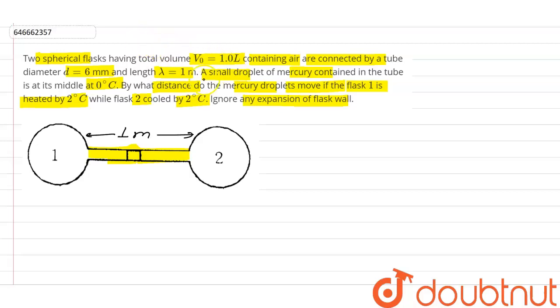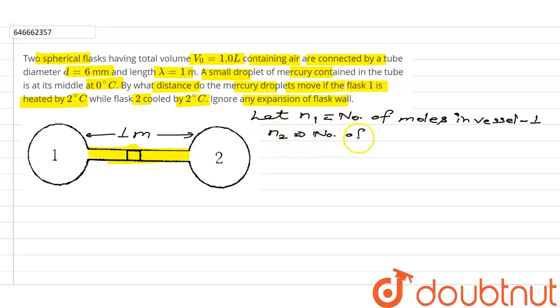Okay, so at first let N1 be the number of moles in vessel 1 and N2 the number of moles in vessel 2. So these are two conditions.